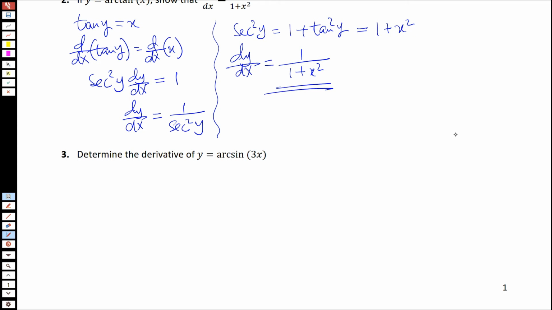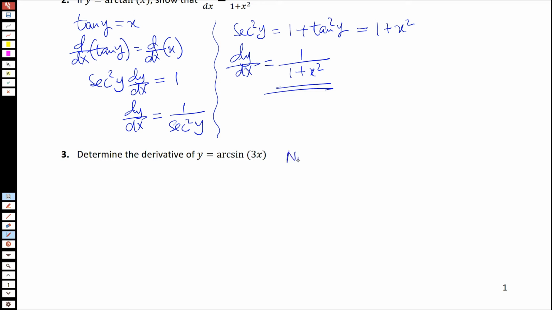All right, so we can apply derivatives that you're given in the formula booklet to find derivatives of functions like these ones here.